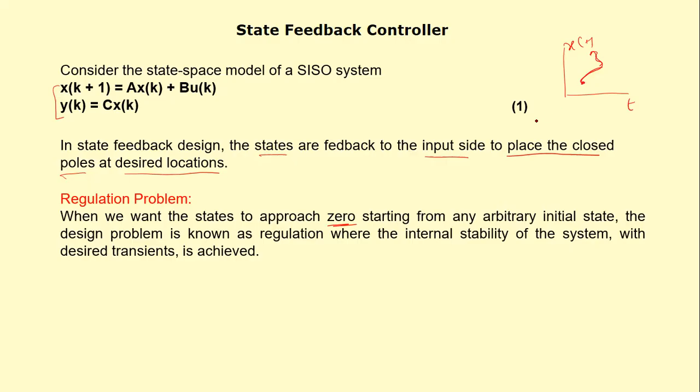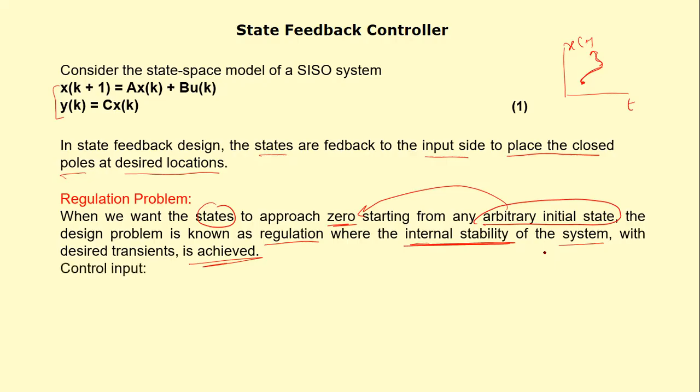So this problem is known as the regulation problem, where we actually study the internal stability of the system. That is, the regulation problem is associated with the internal stability of the system, and by bringing the state of the system from any arbitrary initial state to zero, we are achieving the internal stability of the system, right?